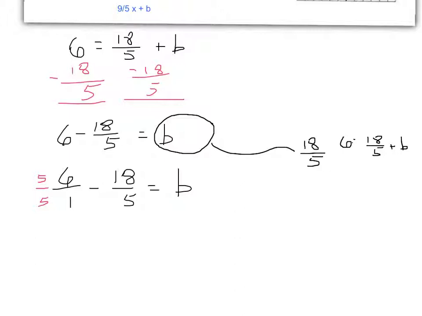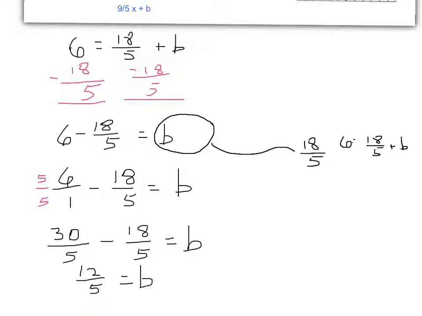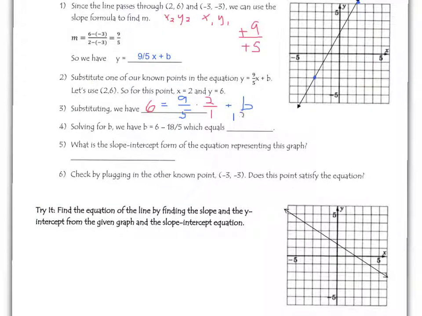But the form of 1 that we use is 5/5. So what happens is 6 times 5 is 30, and 5 times 1 is 5. So your first fraction becomes 30/5 minus 18/5. And 30 minus 18 is 12, so you find that 12/5 equals b. So in this blank we write 12/5.